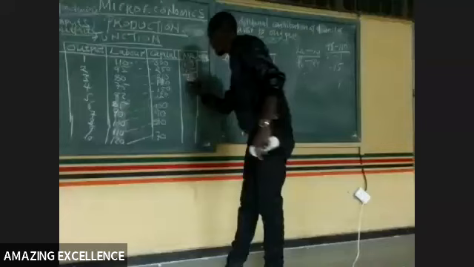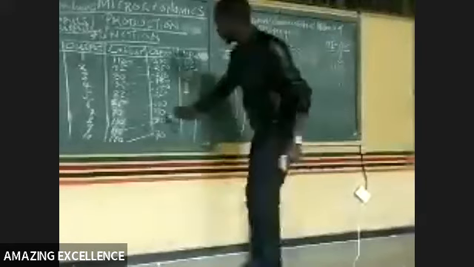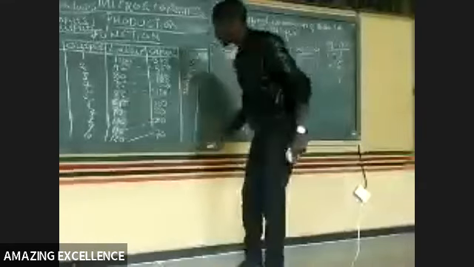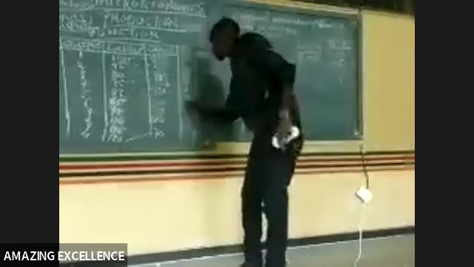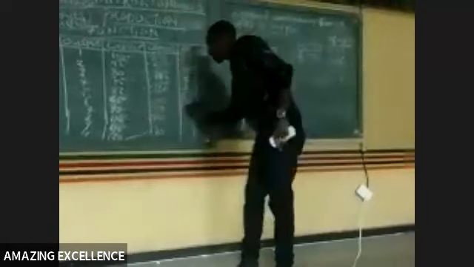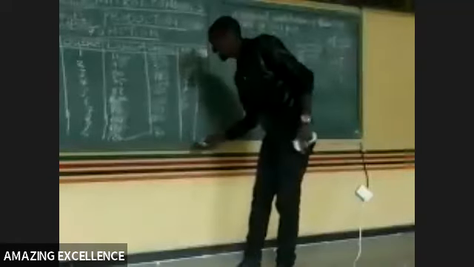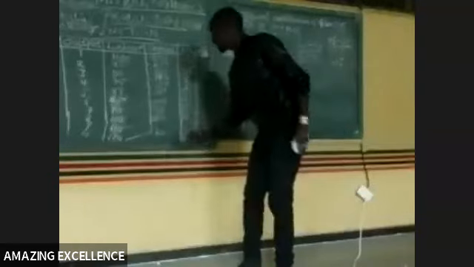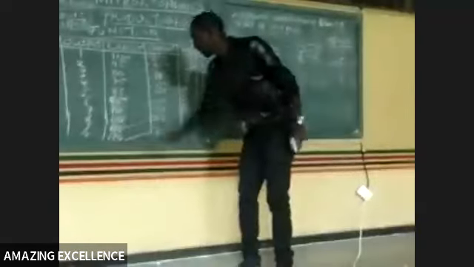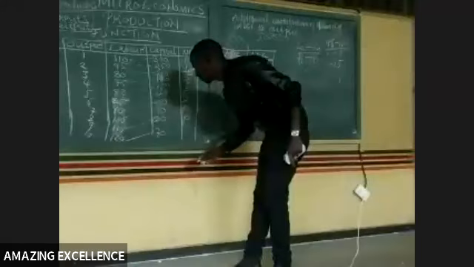Then 82 minus 75 is positive 7. Then 85 minus 82 is positive 3. Are we able to follow? Then we say 90 minus 85 is 5. Then 100 minus 90 is 10. Then 110 minus 100 is 10 as well, right? Then 120 minus 110 is still 10.